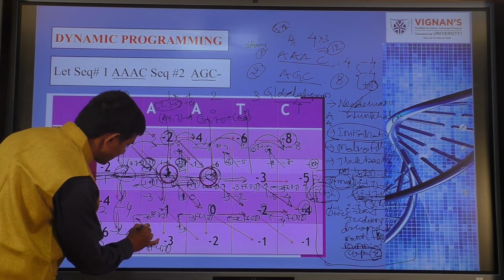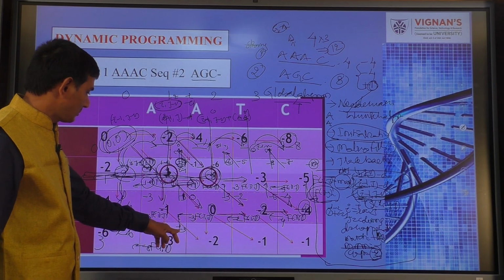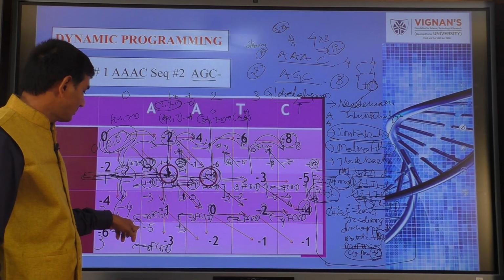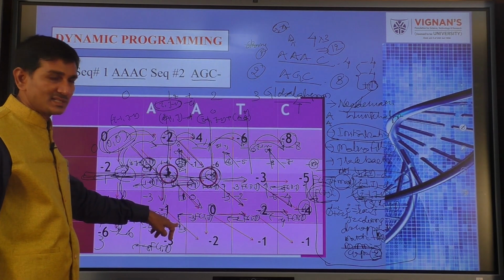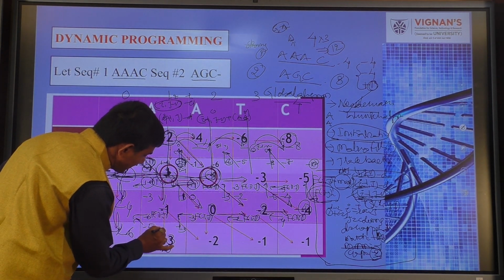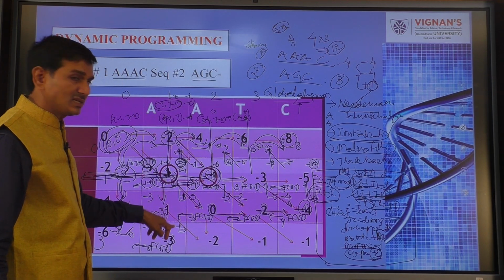So, minus 4 minus 1 is minus 5. So, the three possible values are change in row minus 3, change in column minus 8, change in both row and column minus 5. So, the maximum of these three is minus 3. So, let us fill this matrix cell with minus 3, and the possible direction is change in the row.